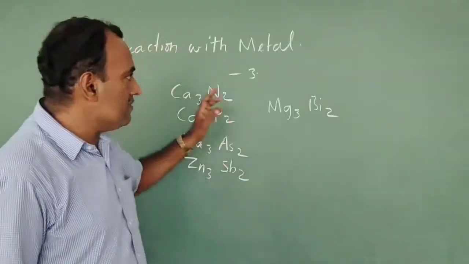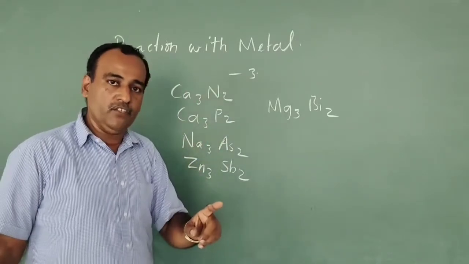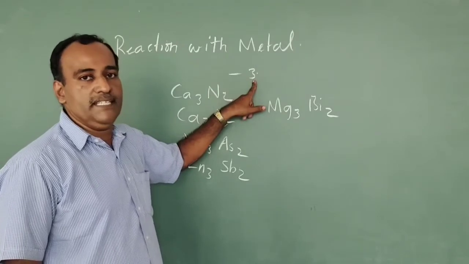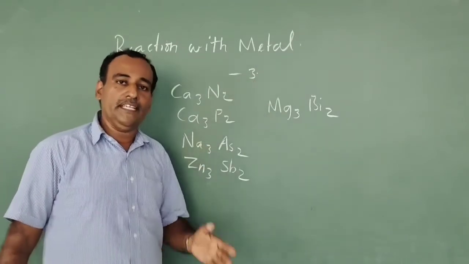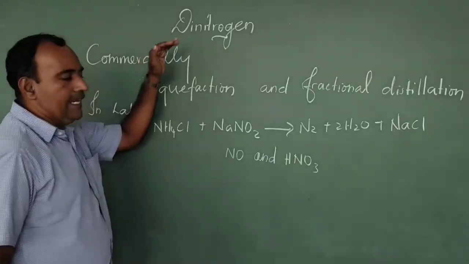So all these elements react with metal forming binary compounds. In these binary compounds, the elements are in -3 oxidation state. That's all about the chemical reactivity of group 15.